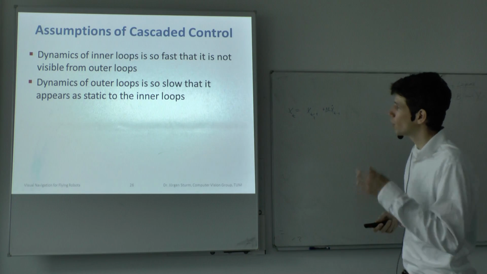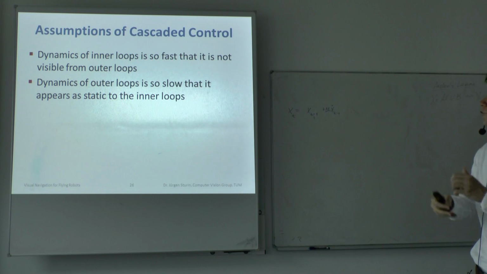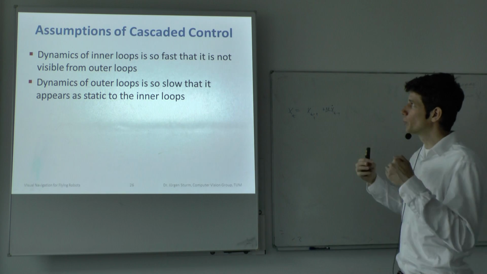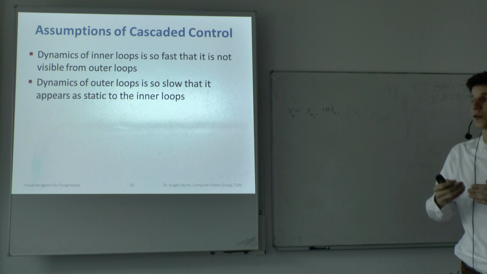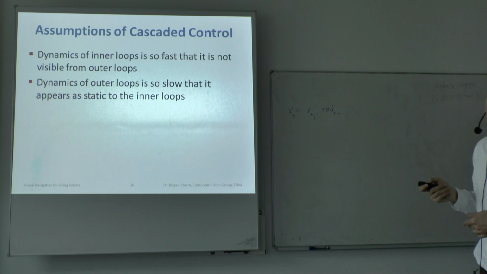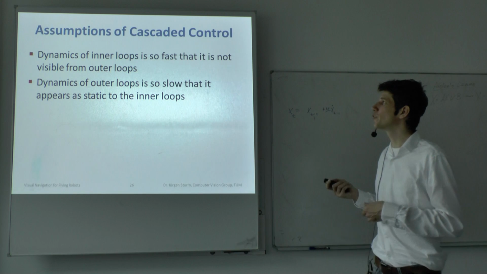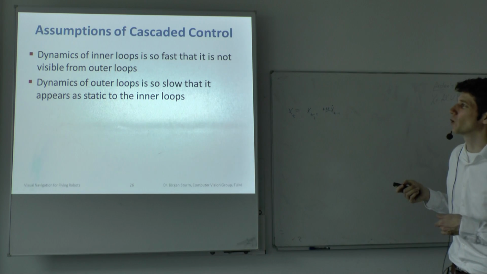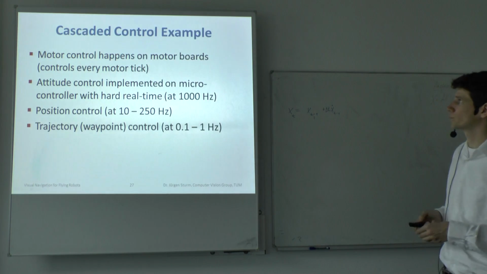So the whole idea of cascaded control is that you have several layers, stacked layers of controllers, and the inner loops are so fast that it appears stationary to the outside controller. And on the other hand, the things that the outside loop asks from the inside loop happen so infrequently that it appears almost static to the inner loop. So this is the idea of cascaded control.